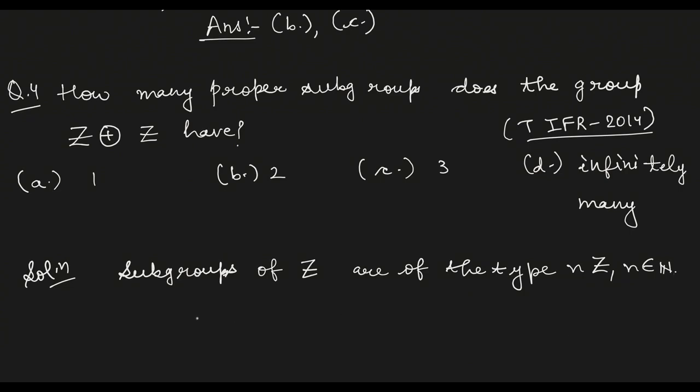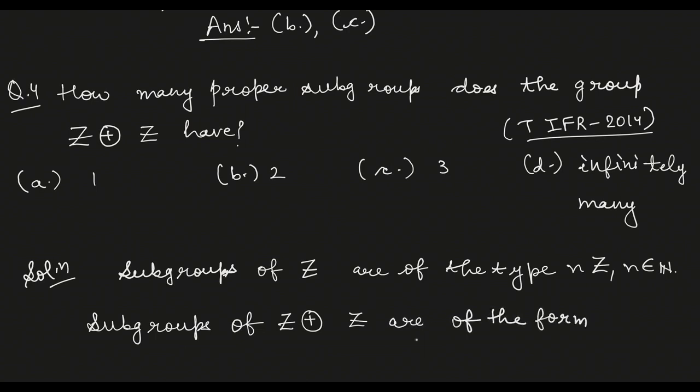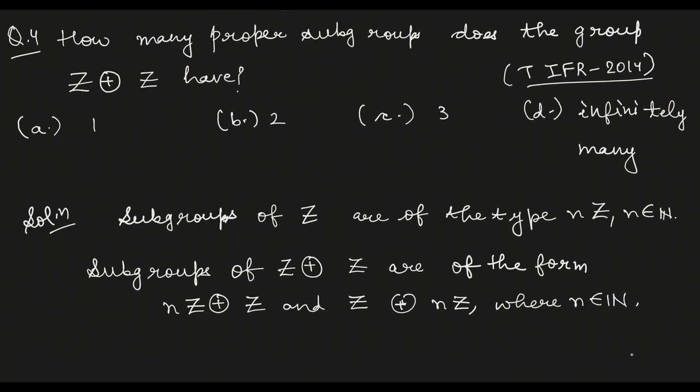So subgroups of Z direct sum Z are of the form nZ direct sum Z and Z direct sum nZ, where n belongs to natural numbers. So there are infinitely many. Answer is option D.